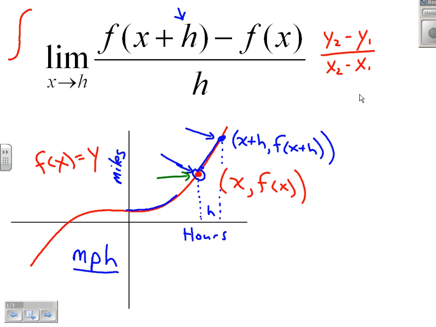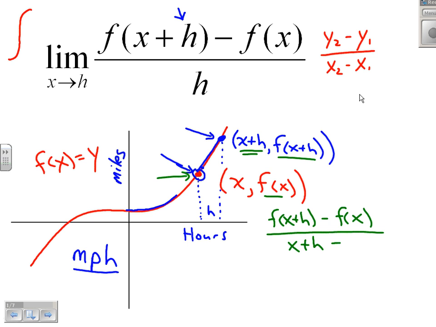Okay, so that would be, take a y coordinate, f of x plus h, minus the other y coordinate, f of x, and place that over the x coordinates, x plus h minus x, and we see that we get this creature up above, f of x plus h minus f of x, and the x's cancel, over h.